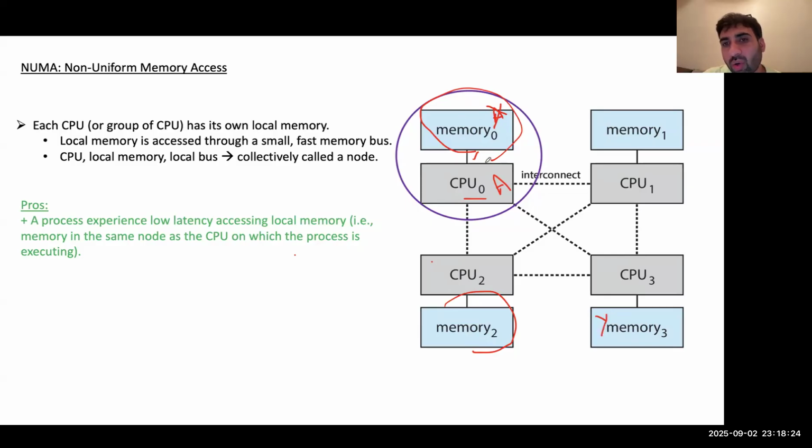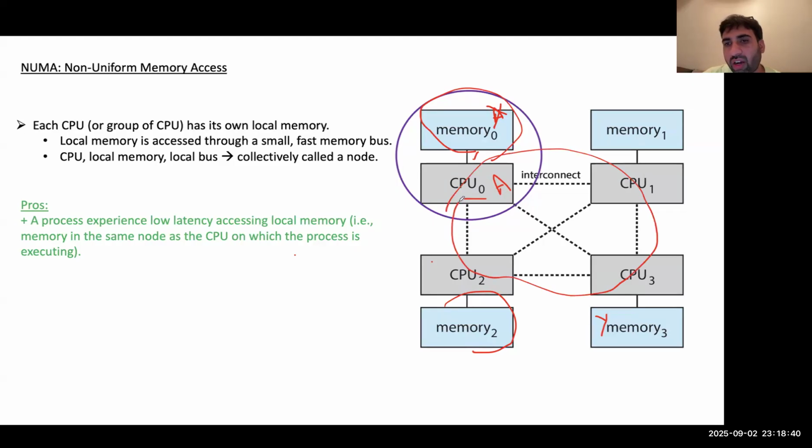Why? Because X is in the local memory, connected to CPU 0 with the fast bus. But if you access memory 3, it is remote memory, and it will take much longer because you need to traverse the interconnect.